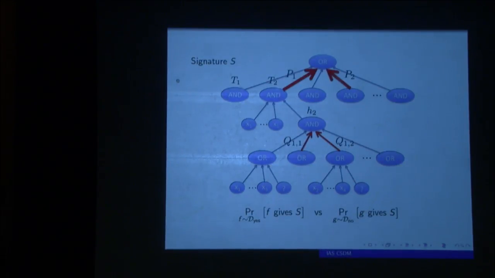So here is the new picture of what a signature looks like. So first of all, we need to partition such strings into P1, P2 according to which terms they satisfy in the first layer. Like P1 here has all the strings that satisfy T2. Remember, we're interested in strings that satisfy a unique term. So this partitions all the strings into P1, P2, and so on and so forth.